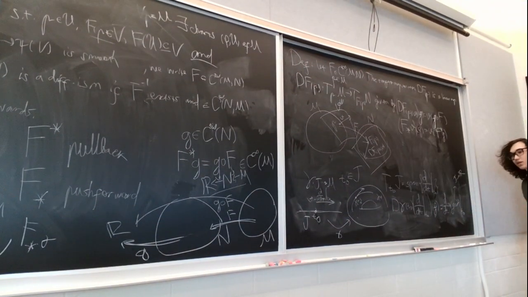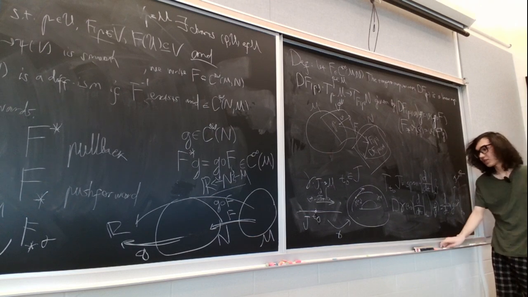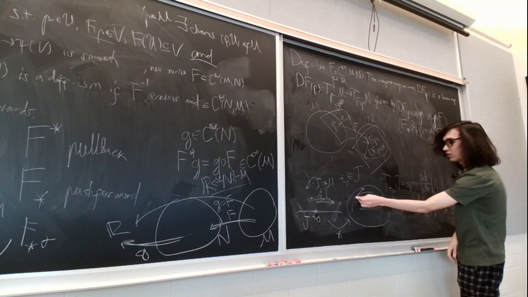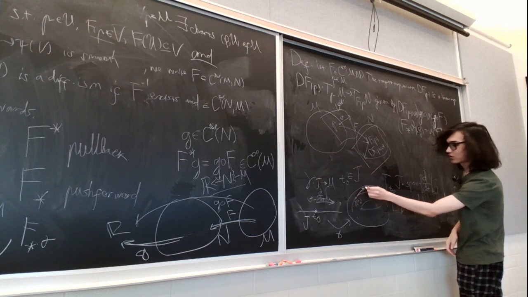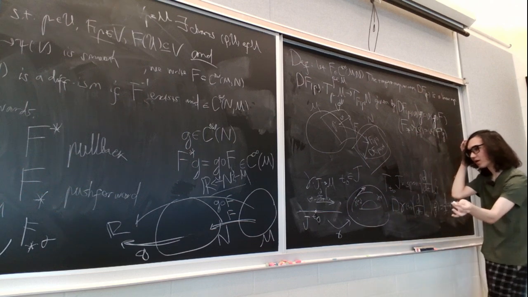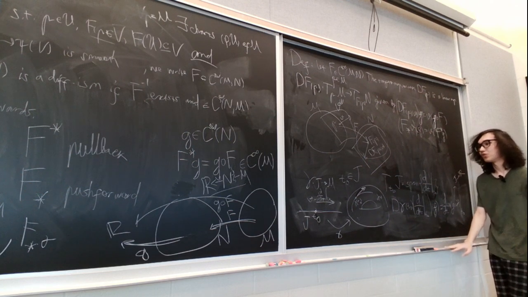As we've said, this is differentiating g in the direction of gamma. So this would be the same as taking the tangent vector to where gamma is going at this point.